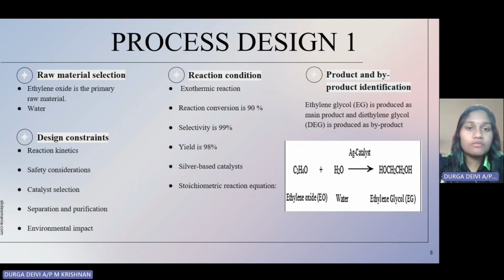The chosen catalyst should exhibit high activity, selectivity, and stability while also considering factors like availability, cost, and potential side reactions. Efficient separation and purification steps are necessary to achieve the desired purity of ethylene glycol and minimize the generation of waste streams. These steps should effectively remove impurities and byproducts while minimizing losses and maximizing the product yield.